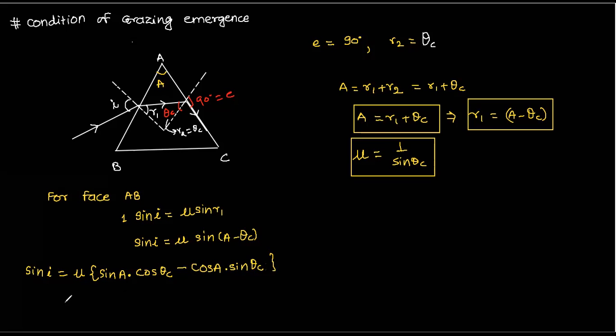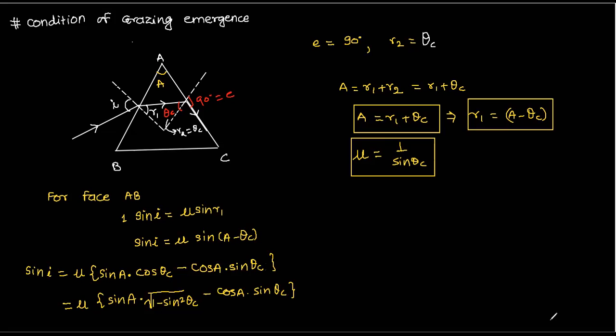Okay. So now here what I am doing, see, this is equal to mu into bracket sine of A. At the place of this cos theta C, can I write under root of 1 minus sine square theta C? Yes, minus this is cos A sine of theta C. So I am keeping it as cos A into sine of theta C. Okay. Now after this, let's go to the next page. So you got like this.